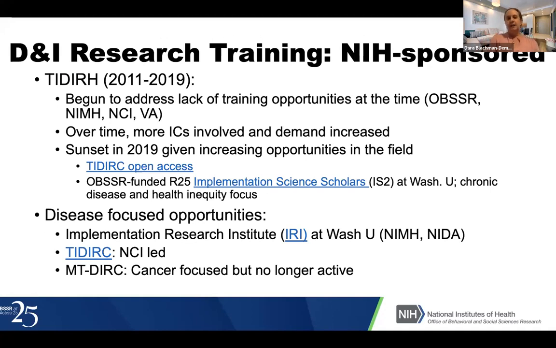That was started because there was a real lack of training opportunities available to investigators in the field who were interested in developing expertise in this area. It started as a week-long in-person summer institute and evolved over time to be more of a hybrid with some online and some in person. And of course now it is all online.